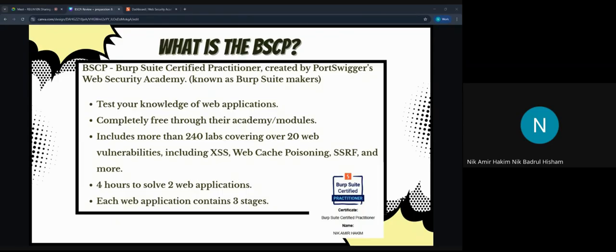For the examination, you have 4 hours to solve 2 web applications. Each web application contains 3 stages or 3 vulnerabilities, so a total of 6 vulnerabilities that you need to complete in 4 hours.